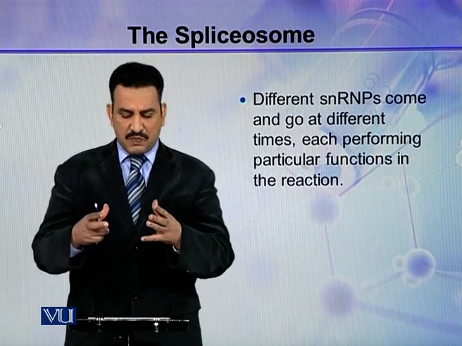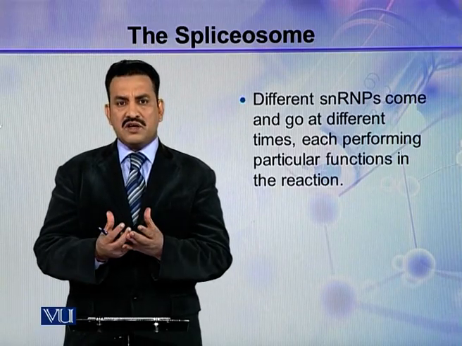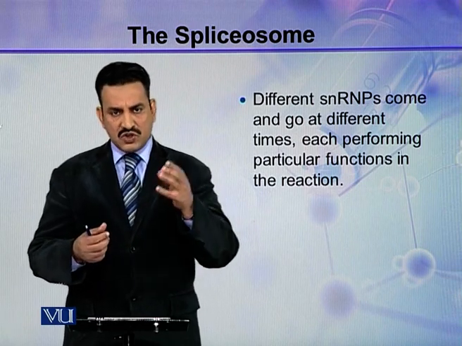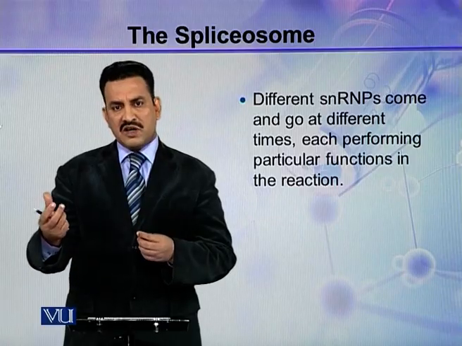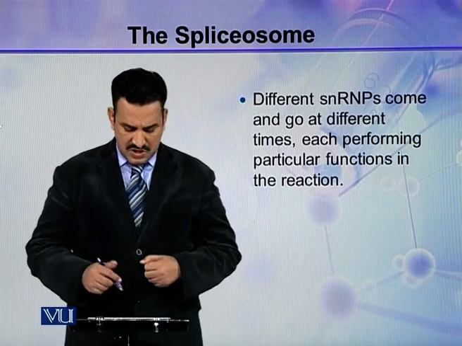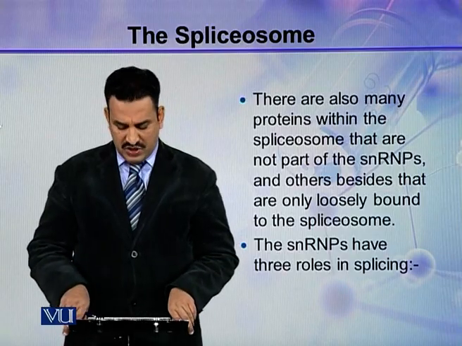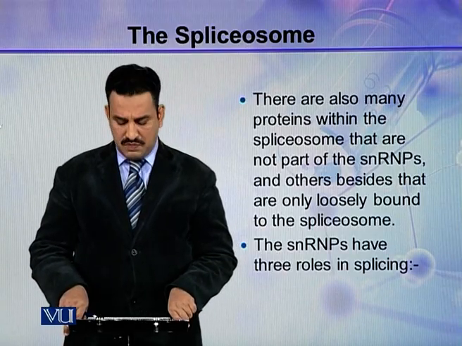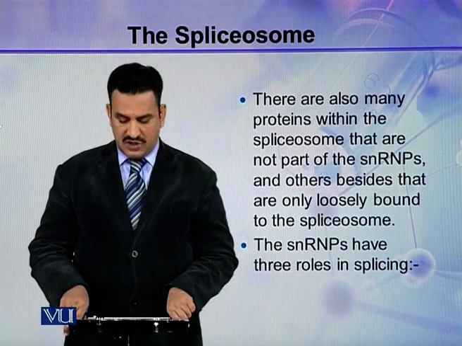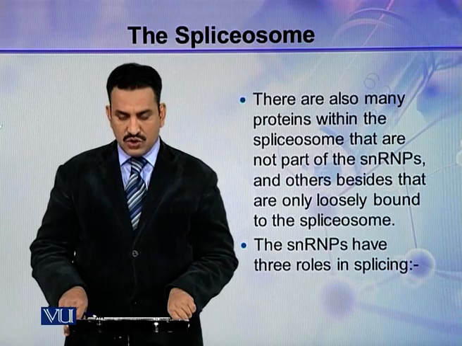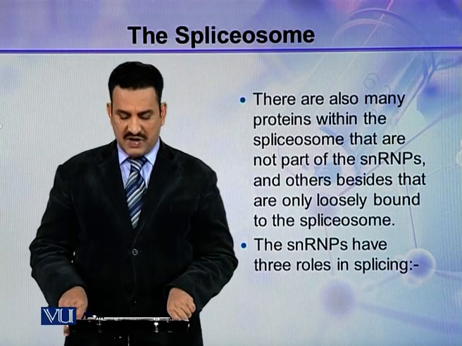So, this spliceosome is a dynamic complex. Some SNRPs join, some SNRPs are leaving. So, it is continuously changing under different conditions. There are also many proteins within the spliceosome that are not part of SNRPs, and others besides that are only loosely bound to the spliceosomes.